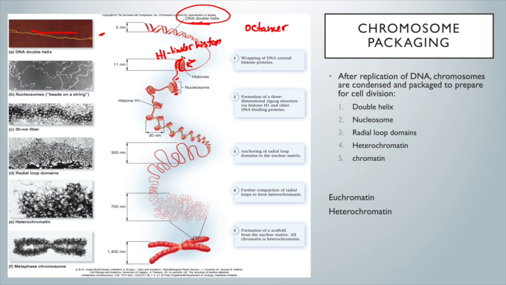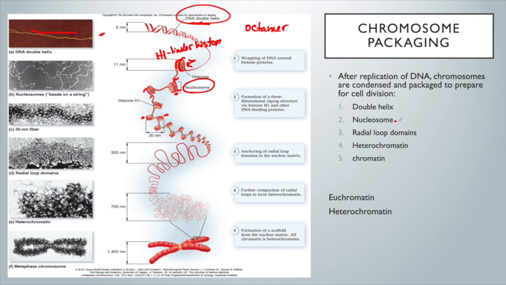When I have DNA wrapped around a histone complex, this is referred to as a nucleosome structure. And these nucleosomes will create a zigzag-like structure. Because of how these anchor and where they anchor, these nucleosomes will alternate back and forth.